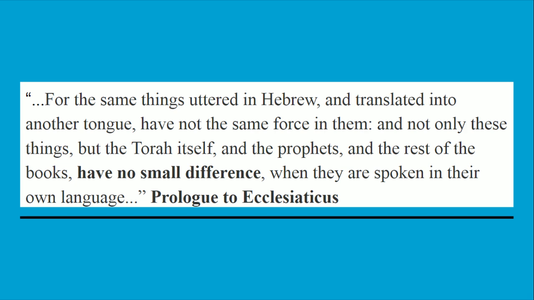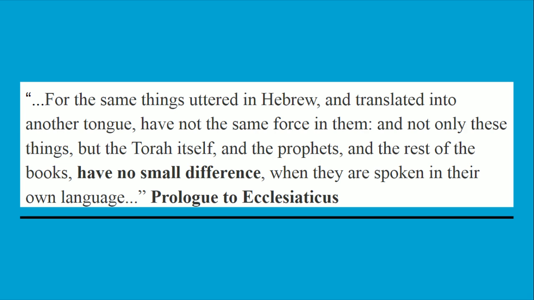But I thought this was a really good quote from that portion, because it really sums up a lot. It says, "For the same things uttered in Hebrew and translated into another tongue have not the same force in them. And not only these things, but the Torah itself and the prophets and the rest of the books have no small difference when they are spoken in their own language."